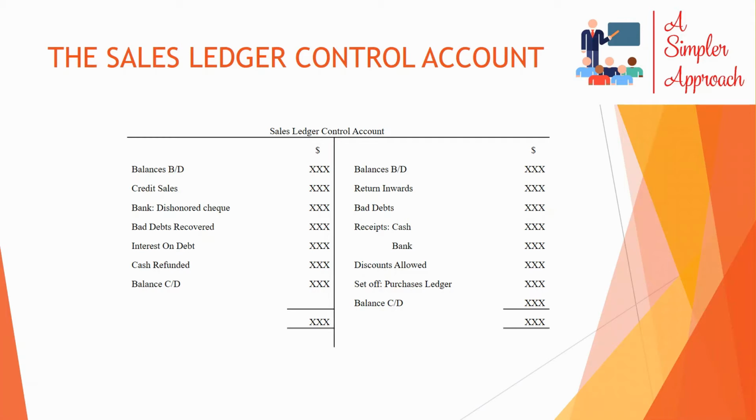Now, when this information was being written in the T accounts, recall our double entry recap that we did a few minutes ago. Remember that we said double entry is the process of recording a transaction twice, once on the debit side of an account, once on the credit side of a corresponding account.